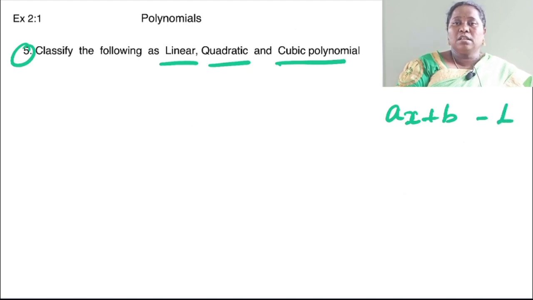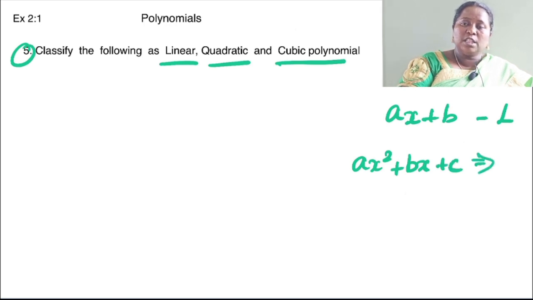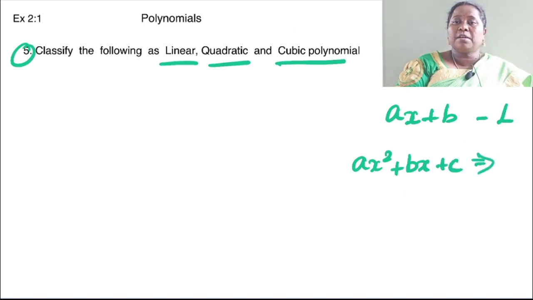A polynomial in the form ax plus b is called a linear equation. Next, ax squared plus bx plus c. If a polynomial is in the form ax squared plus bx plus c, that is called a quadratic equation.